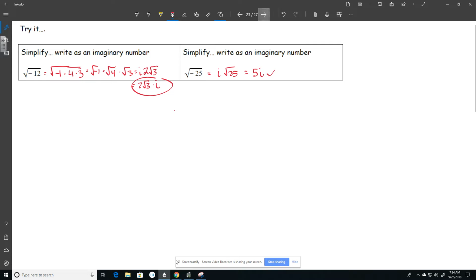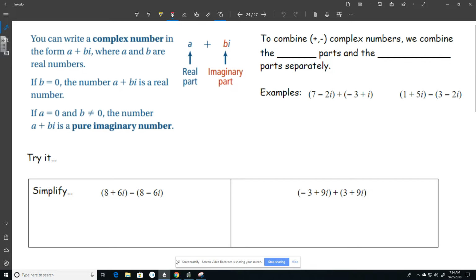So expanding on this idea of complex numbers. A complex number is in this form, a plus bi. And a is the not imaginary part, and b is the imaginary part.